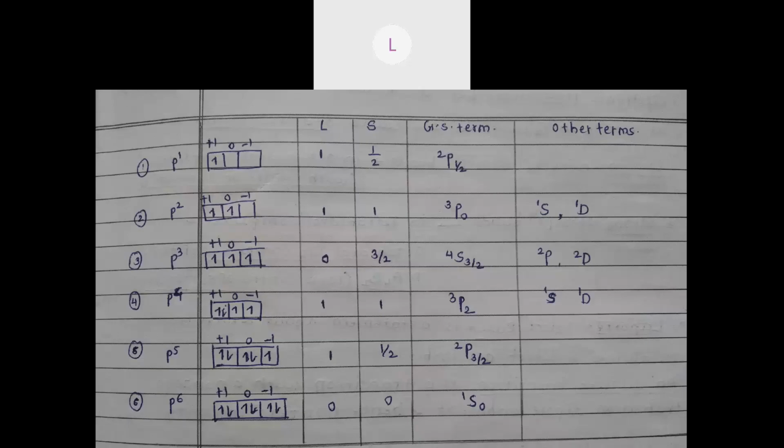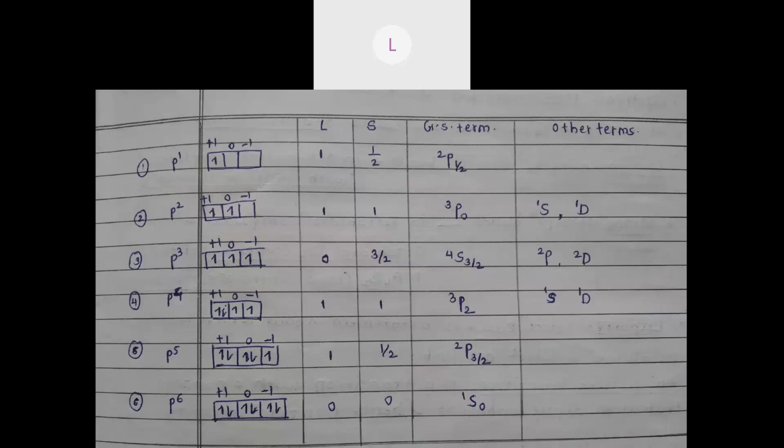half. Now this 1 by 2 is nothing but the J value, as here in the p1 configuration, the electronic configuration is less than half filled. Actually, the total electrons that can occupy the p orbitals is 6, and here we have the p1 configuration, that is, only one electron is in the p orbital, so it is less than half filled.